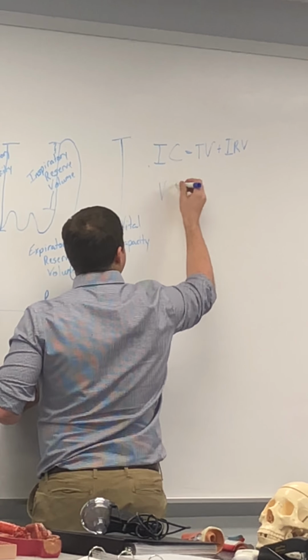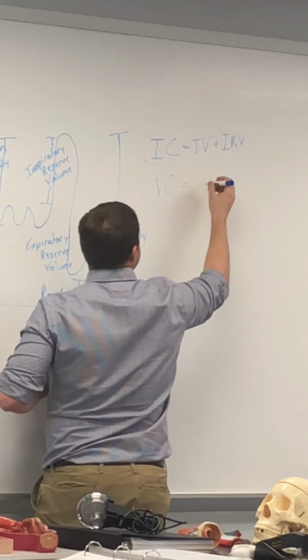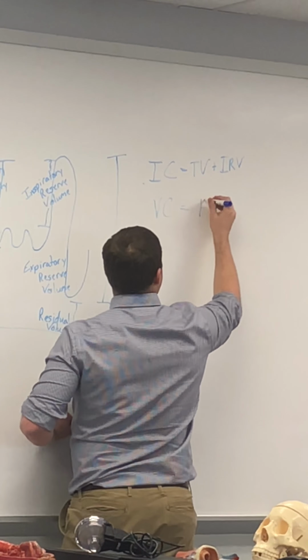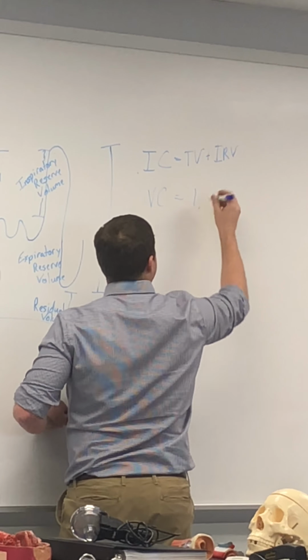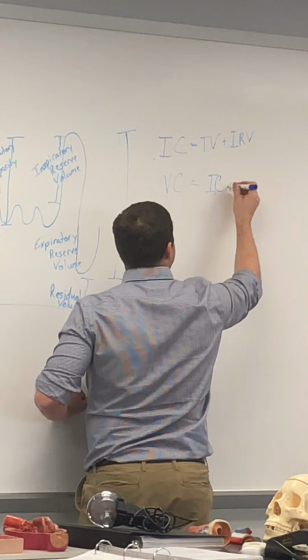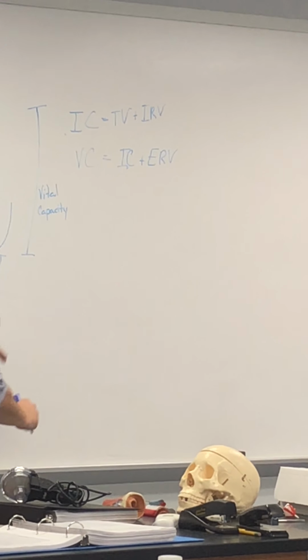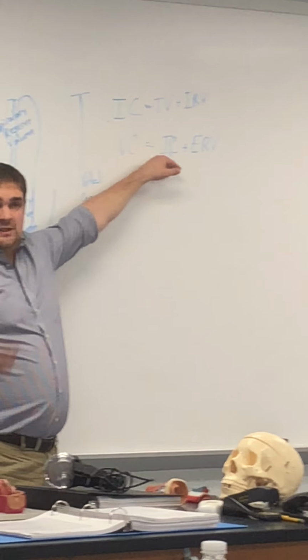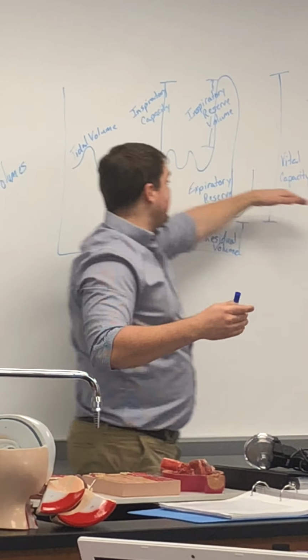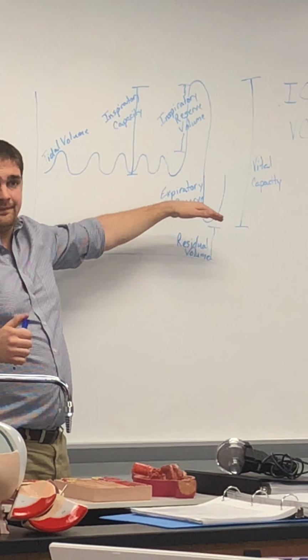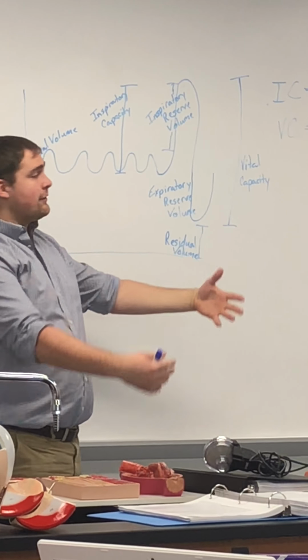All right, so our vital capacity is equal to our inspiratory capacity plus expiratory reserve volume. All right, so everything we can inhale or inspire plus everything that we can expire or get out of our lungs.